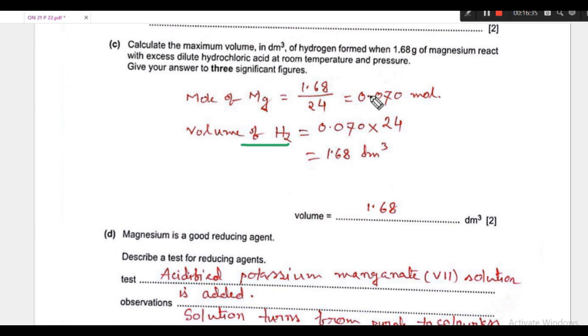Now volume of hydrogen is number of moles of hydrogen times molar volume. Molar volume of a gas at room temperature is 24 dm cube. So answer will be 1.68 dm cube.